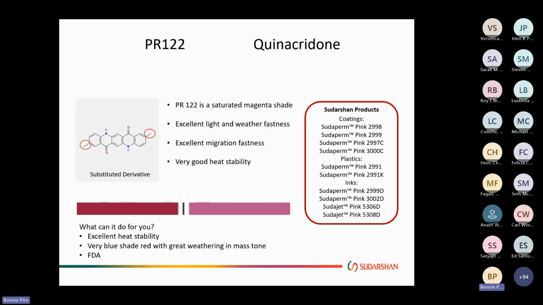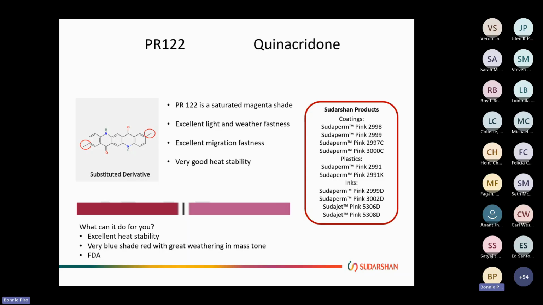From an overall chemistry perspective, Pigment Red 122 is sort of what I call a workhorse in all application areas, because it's used in inks and plastics and coatings. So there's just a lot of options to be able to use this chemistry to get that very, very blue shade magenta color into your formulation.